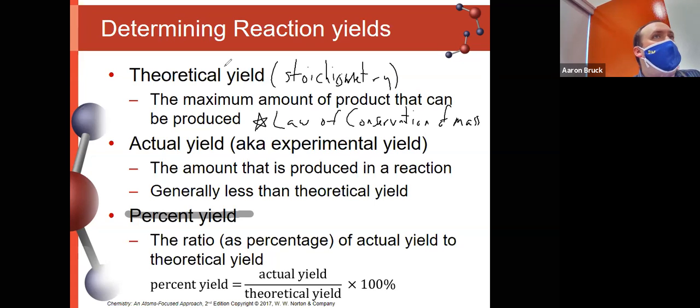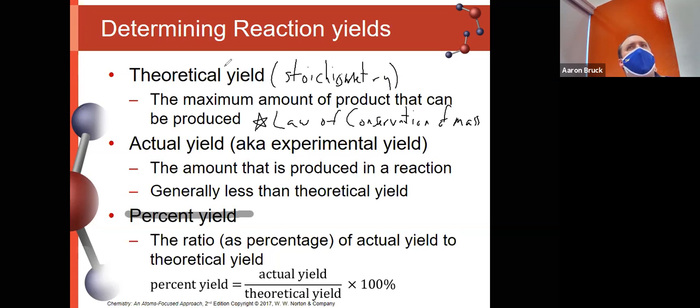That's the maximum amount that you can make. If I start with this much reactant, it's going to have to give me this much product. It can't give me any more because then I'd be inventing matter in some kind of way. But if it gives me less, then we can start talking about where the less comes in. And so that's where your actual yield comes in.